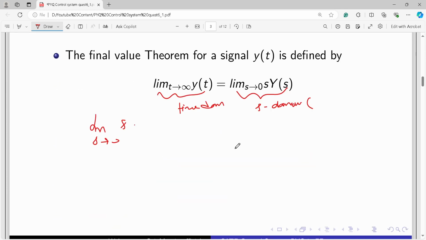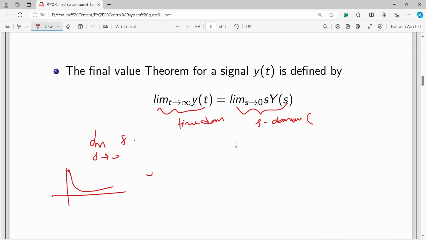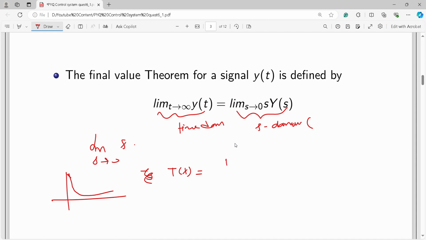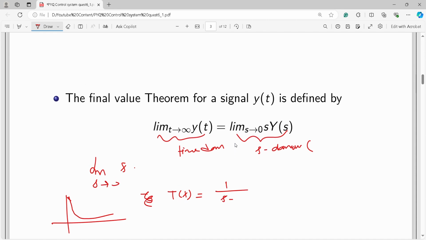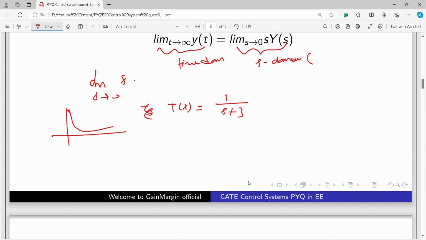For example, the system in the s domain is 1/(s+3), and the ROC is the right-hand side, so real part greater than minus 3.